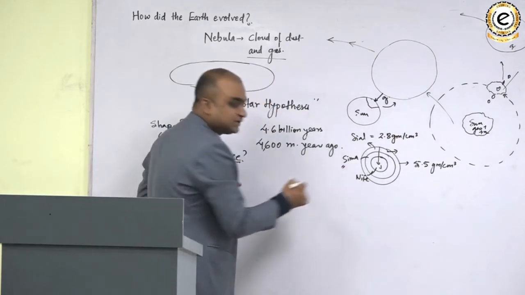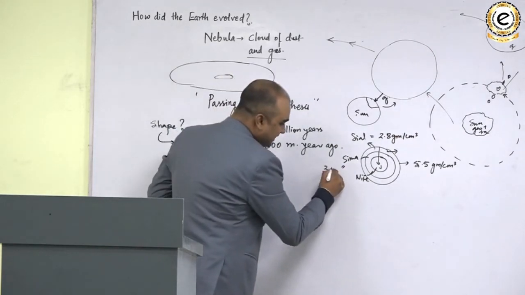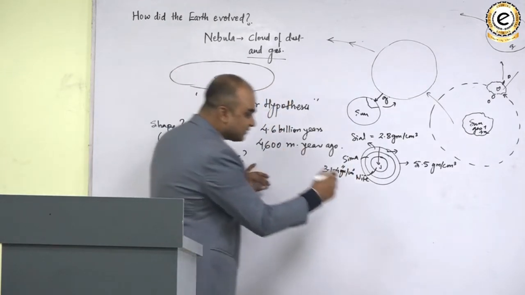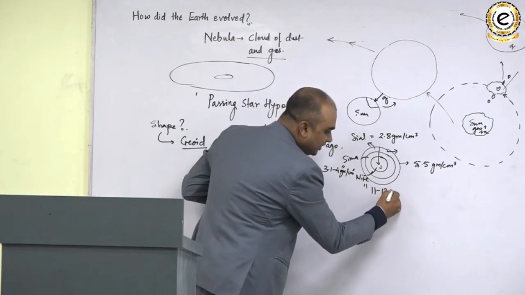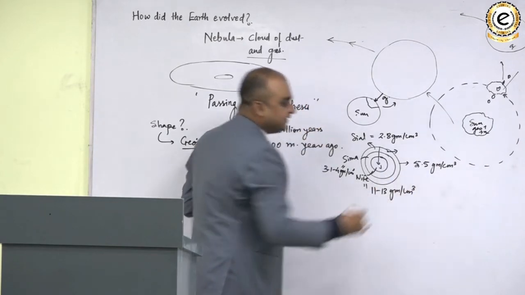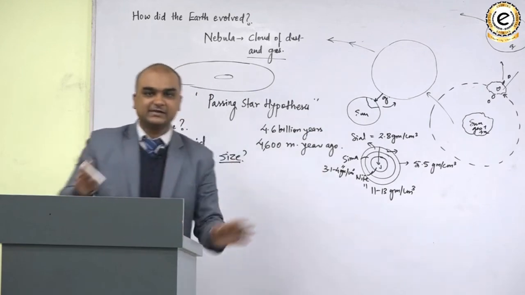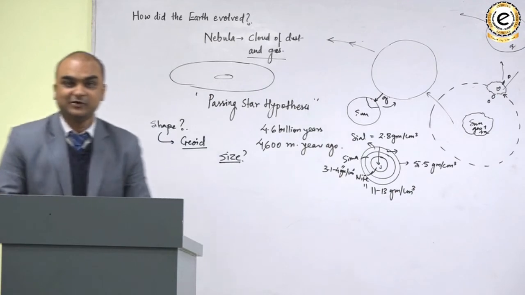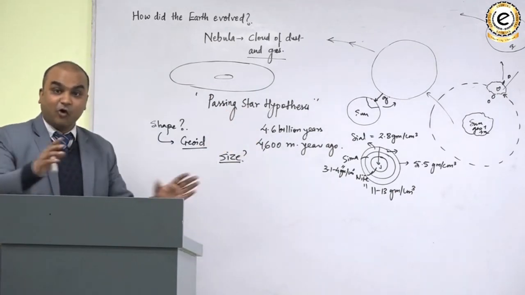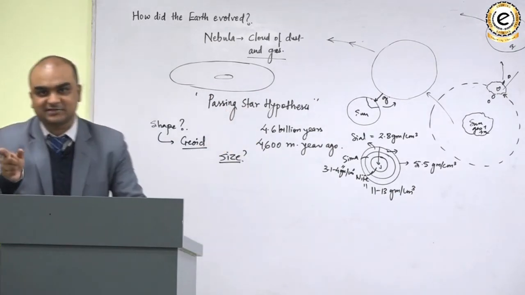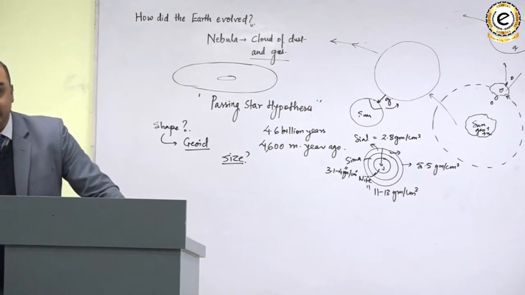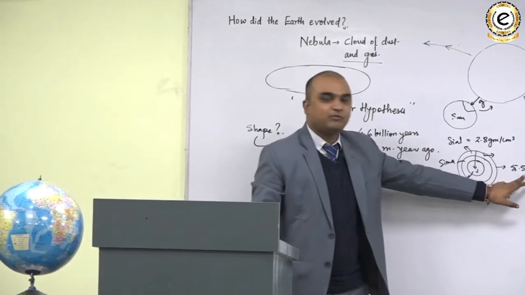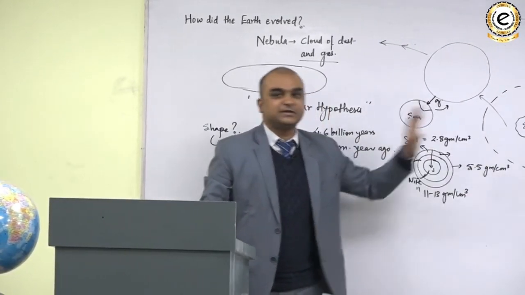That of the intermediate layer is 3.1 to 4 gram per centimeter cube. And that of the innermost is around 11 to 13 gram per centimeter cube. If you add them all and divide by 3, you will get the average density of the Earth. So keep one thing in mind: the Earth is not the largest in the solar system, but of all the terrestrial planets, it is not only the largest, but also the densest. And its average density is 5.5 gram per centimeter cube.